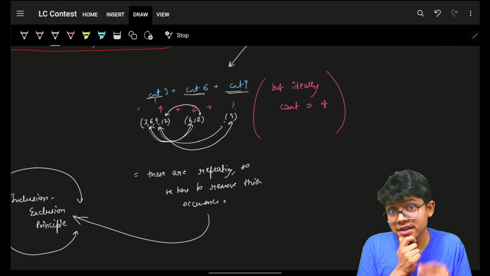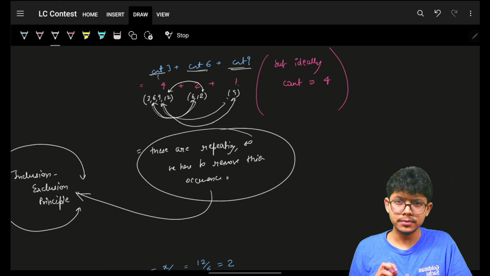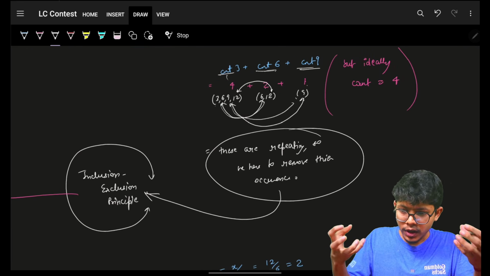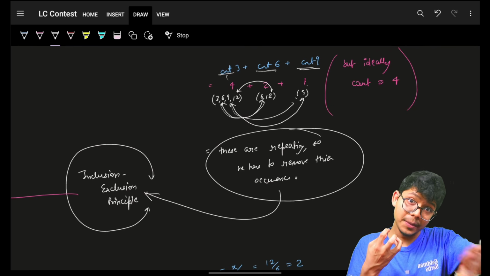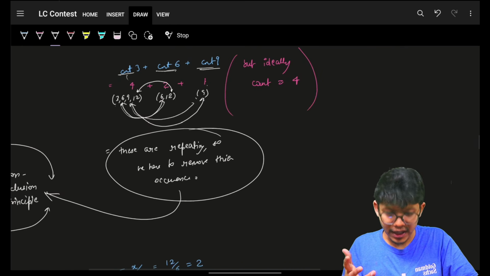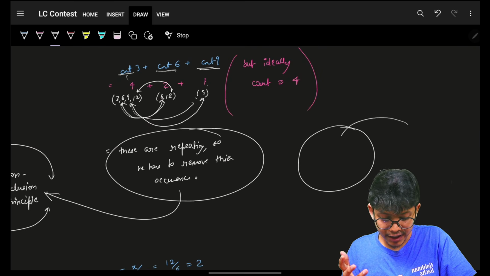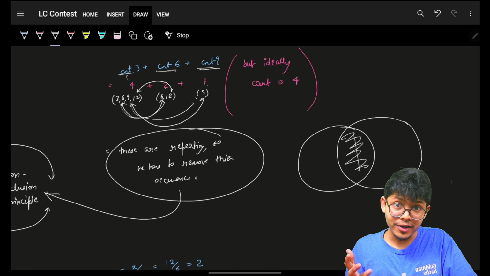Oh, I have some repeating numbers, so I have to remove those repeating numbers. Do you see that you are taking the contribution of everything, and then something is repeating, so you remove that repeating thing? Do you remember something like that? You are taking the contribution of everything, now something is repeating again, and you remove its contribution. Remember?